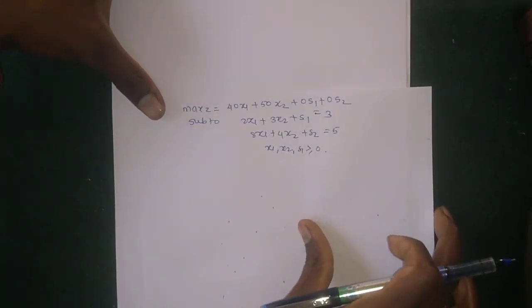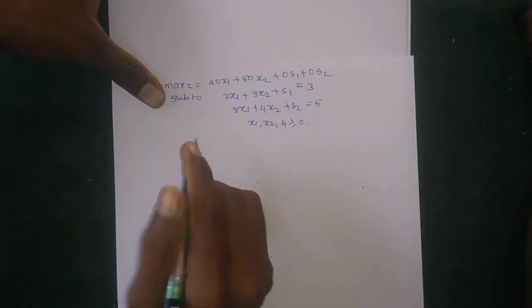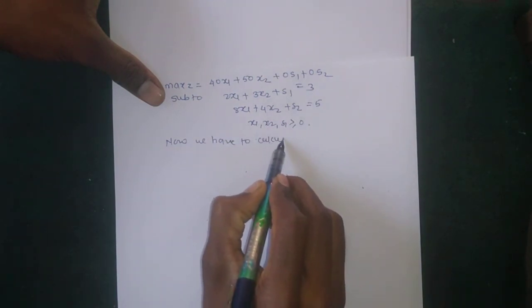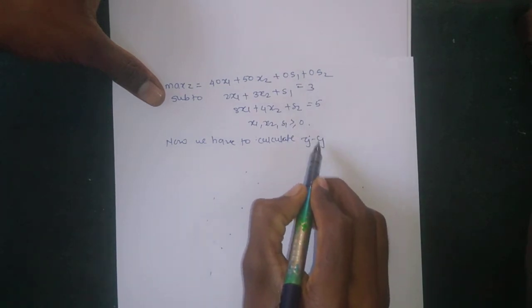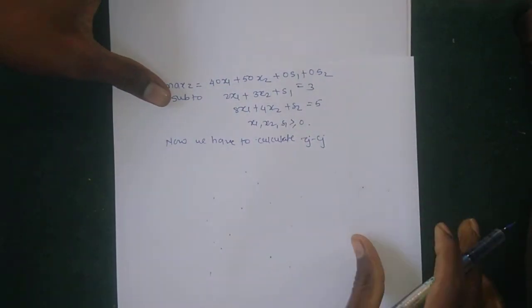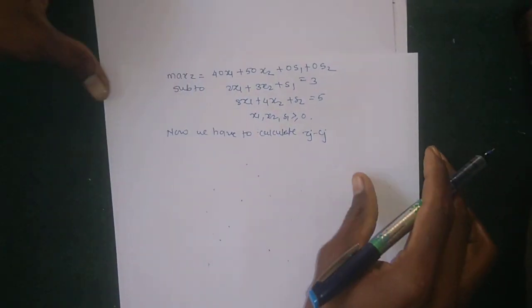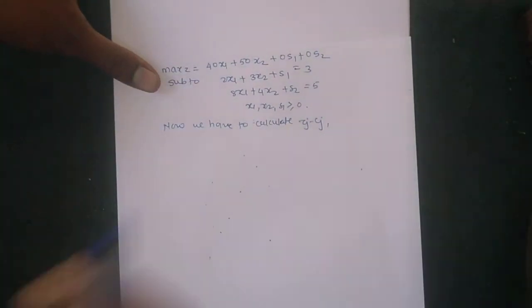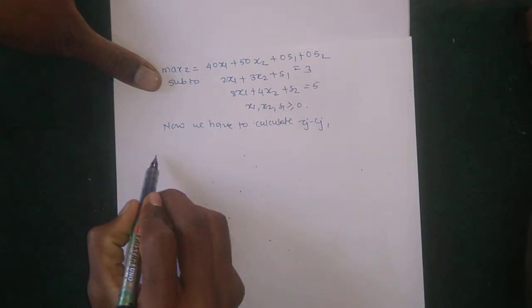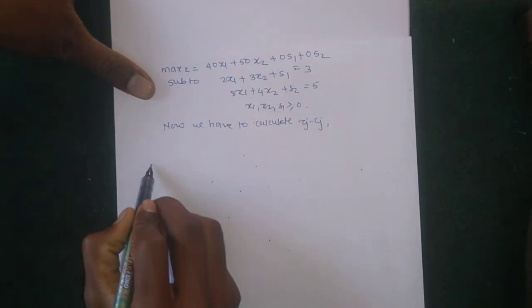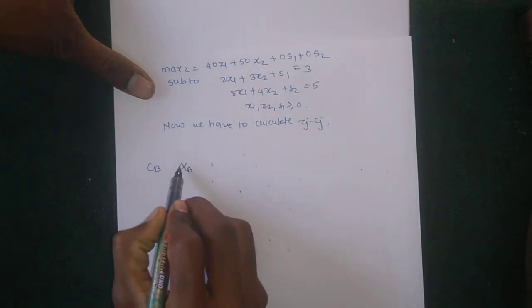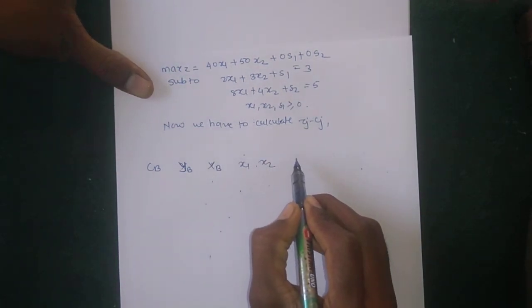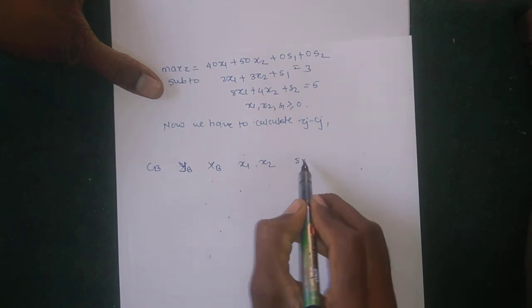So we draw the simplex table: first CB, then YB, then XB, x1, x2, and the two slack variables s1 and s2.